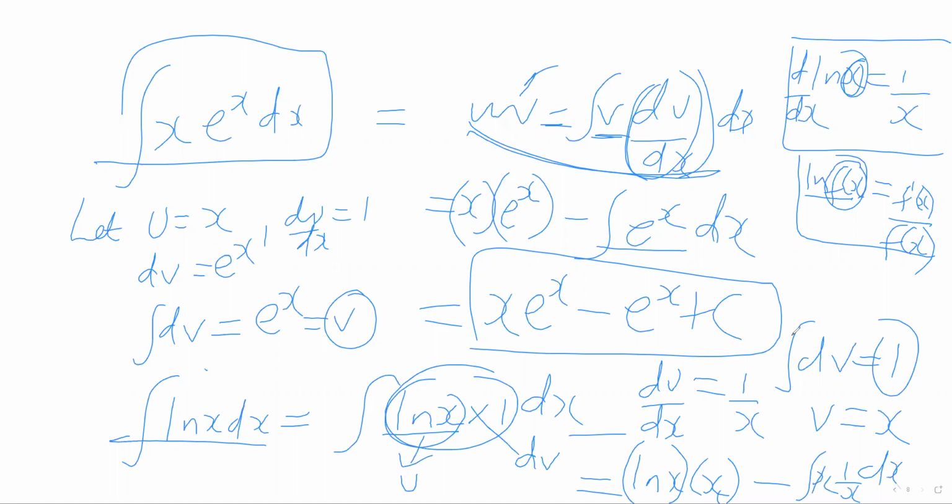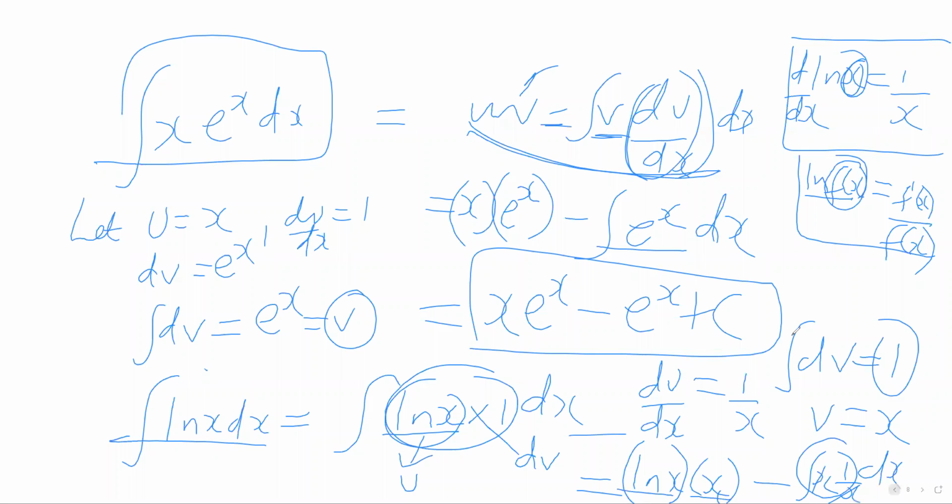So you can see this and this will cancel, and you only remain with the integral of 1. So you have ln x times x, which is x ln x, minus the integral of 1, which is x. So minus x plus c.